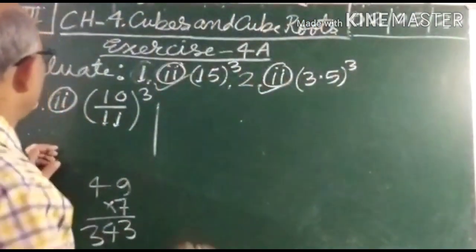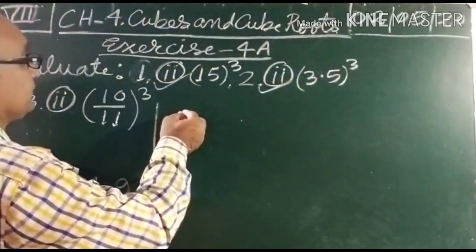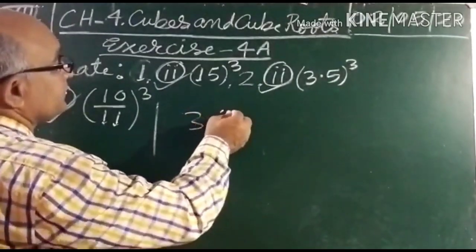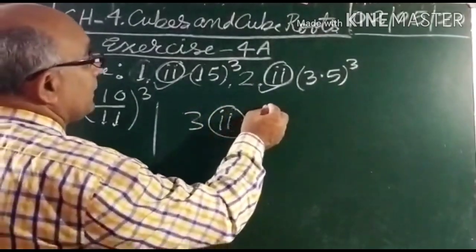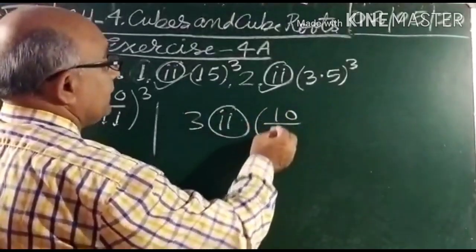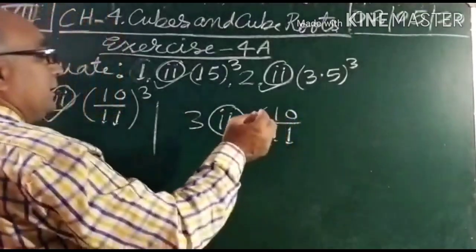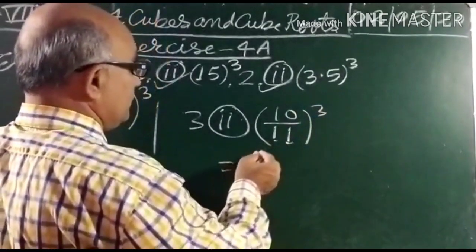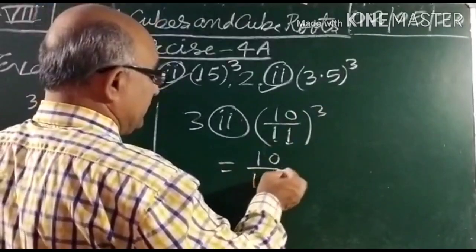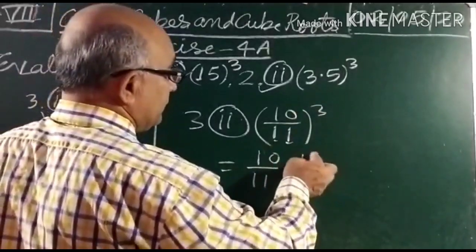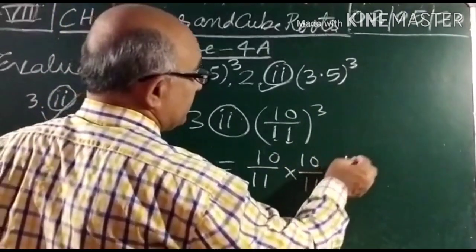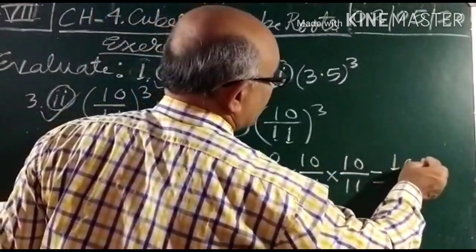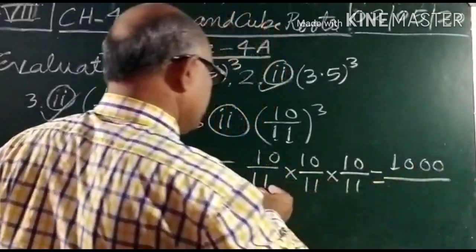Now question number 3. Question number 2 of 3: 10 by 11 cube equal to 10 by 11 into 10 by 11 into 10 by 11 equal to 1000.